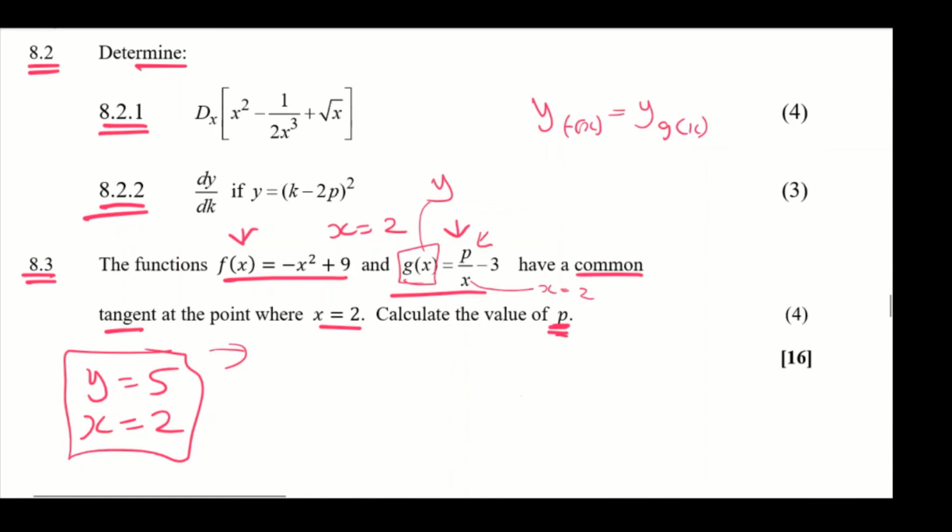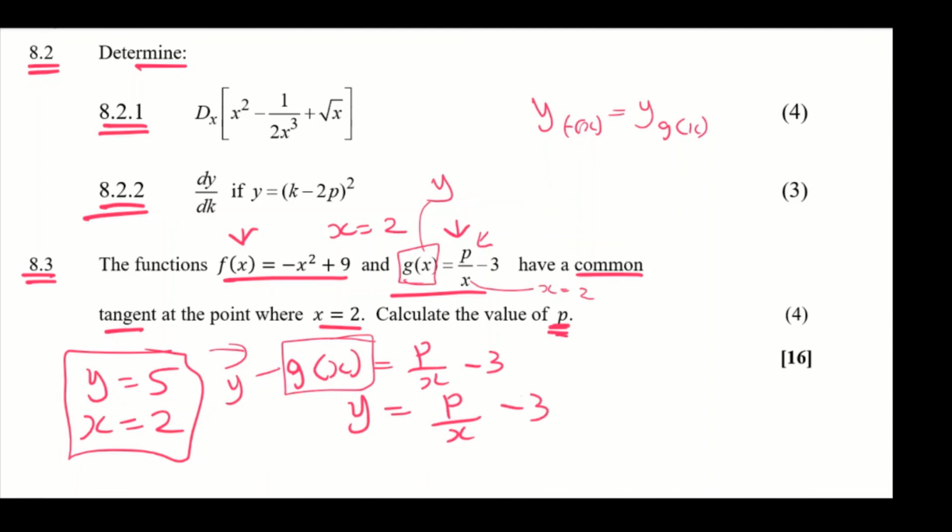So in g of x, it's g of x equals p over x minus 3, right? And I said g of x is the same as having y. So it's y is equal to p over x minus 3. So where there's y, you'll put the 5. So it's going to be 5 equals p over (2 minus 3), right?